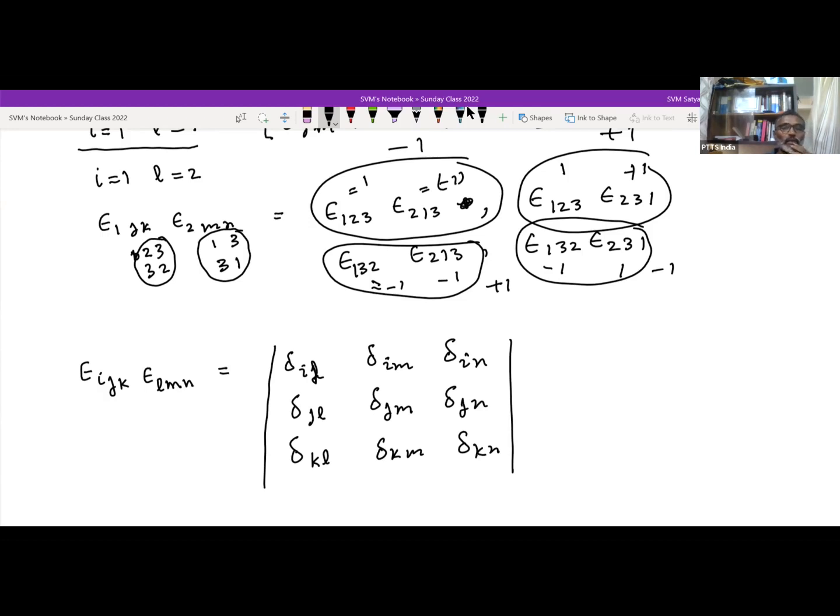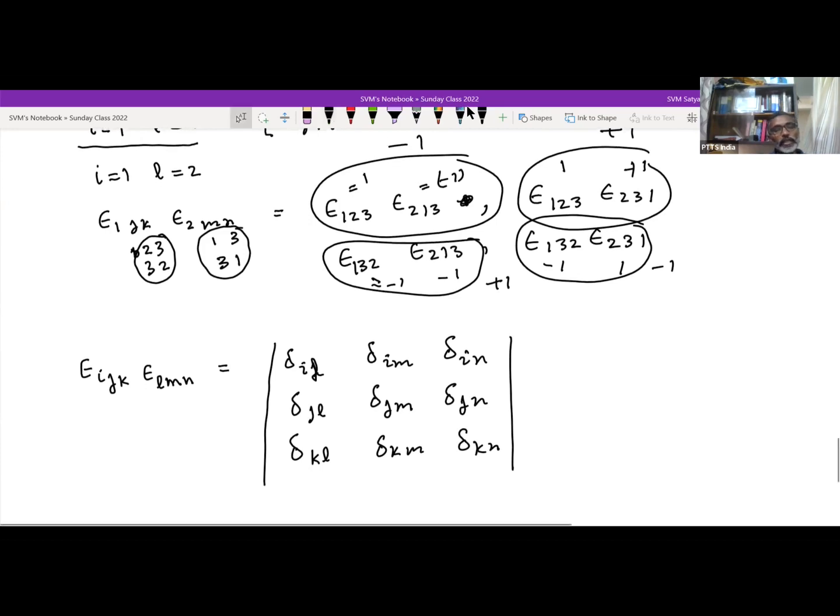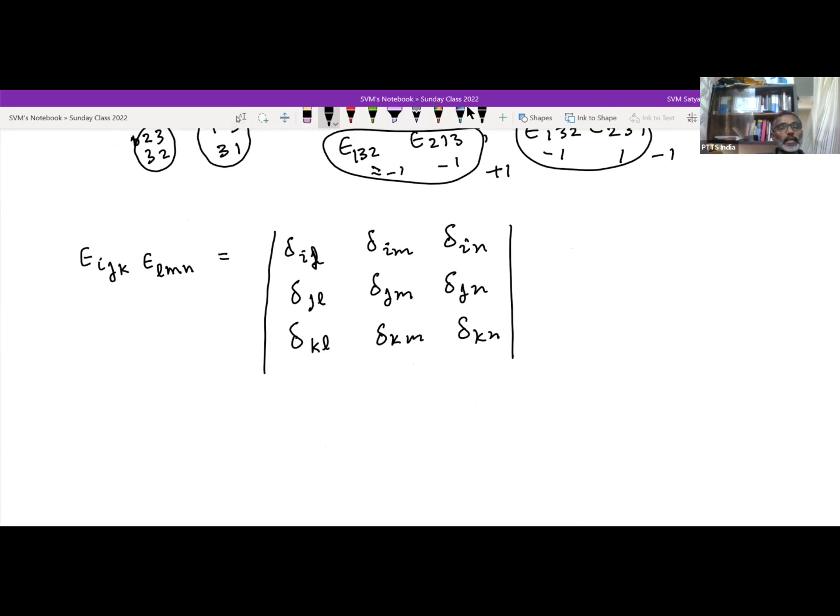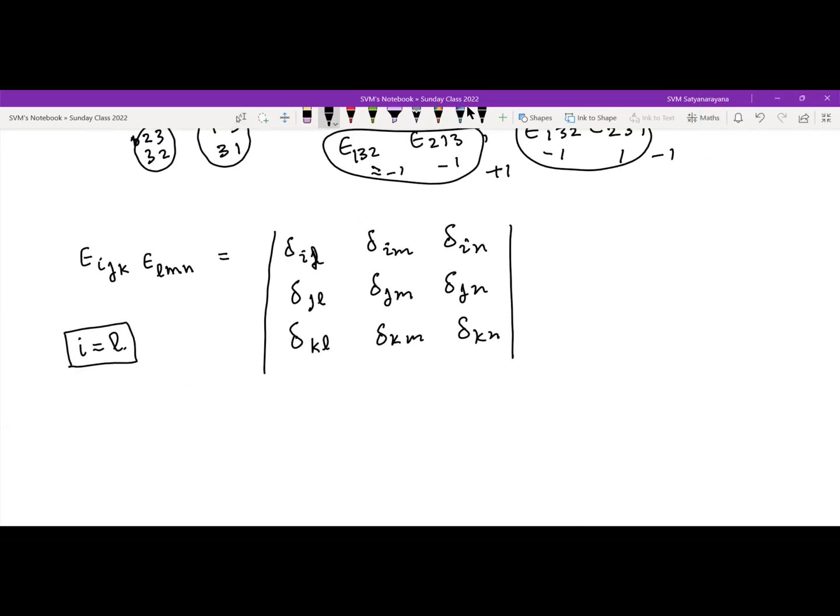Okay. So for example, if one of the indices is the same, let us say i equals l. Then this entire row is l, l m, l n. So this determinant will reduce to the determinant of only this one.